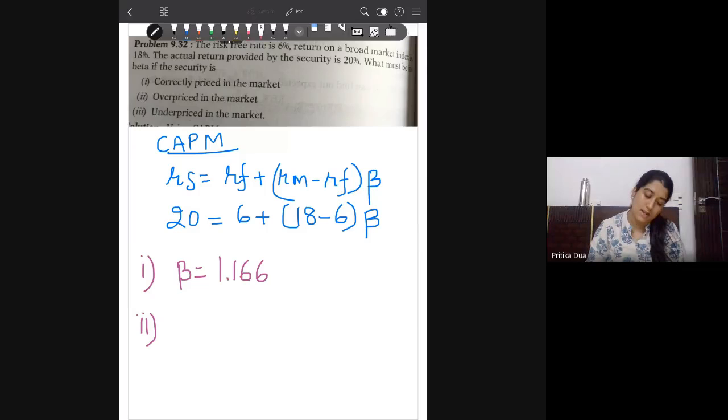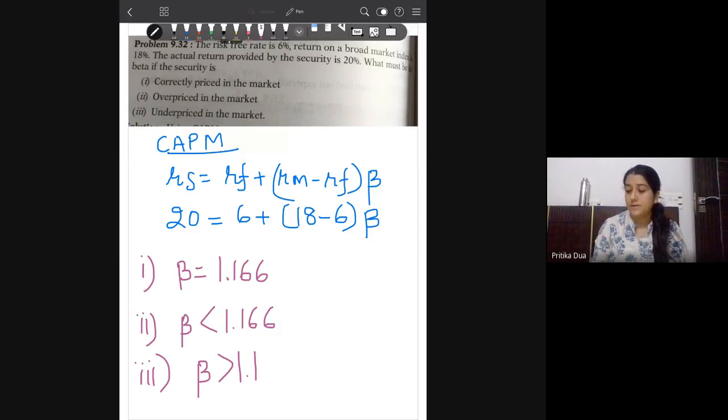Okay, so here the beta should be less than 1.166 and an underpriced security would lie above the capital market line. So there the beta should be greater than 1.166. Okay, rest of you just check the answer. Also check the answer once.